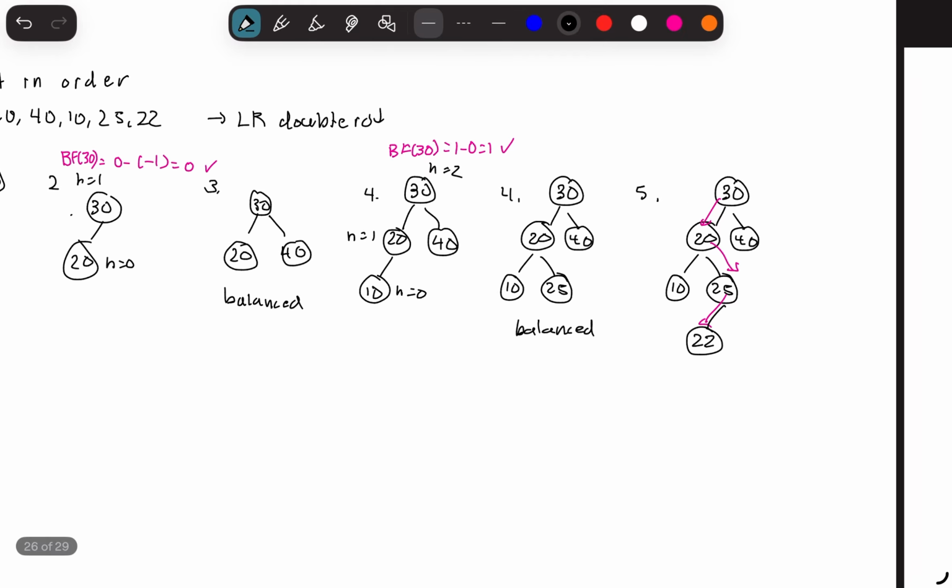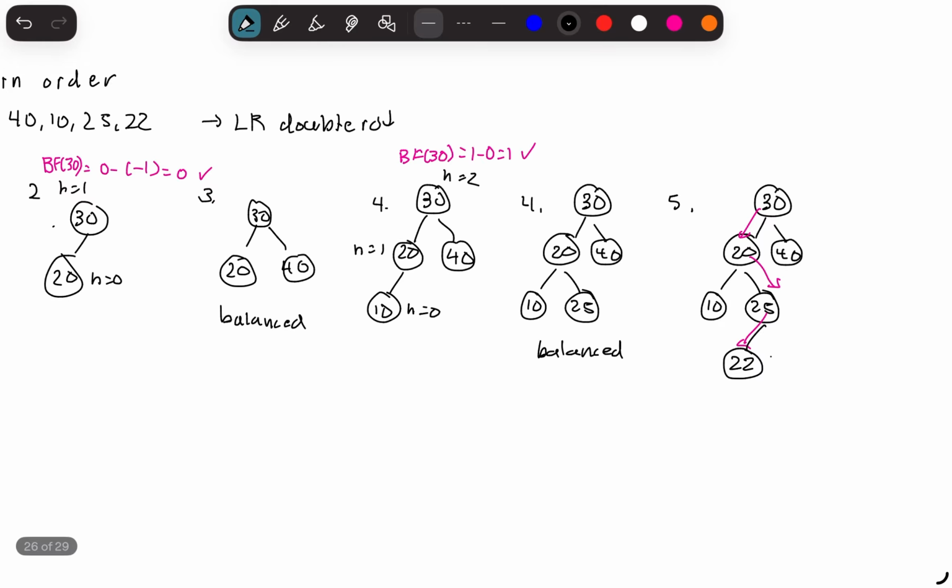So let's update our heights. That's unbalanced. So now we're at left heavy.